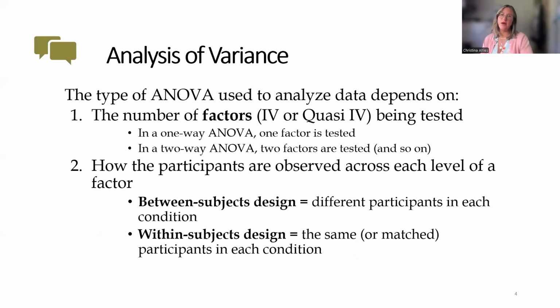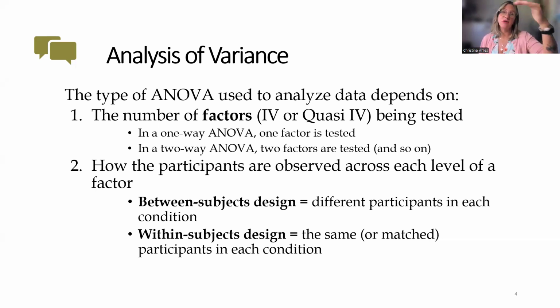So here's how we tell what type of ANOVA to use. If you're having to distinguish between a one-way ANOVA or a two-way ANOVA, a one-way ANOVA is with one factor, meaning one independent variable or one quasi-independent variable. For that last example, it was the program affiliation. That was one quasi-independent variable. In a two-way ANOVA, there's two factors being tested.